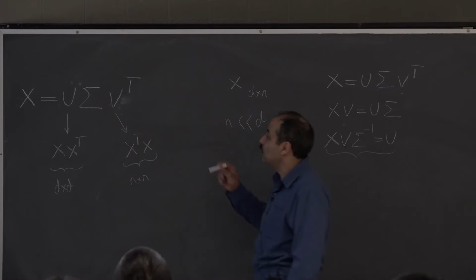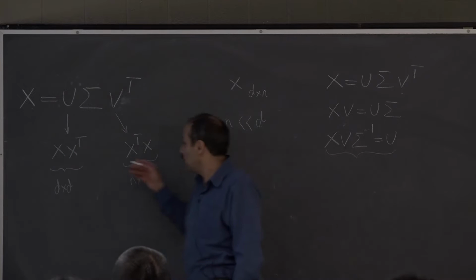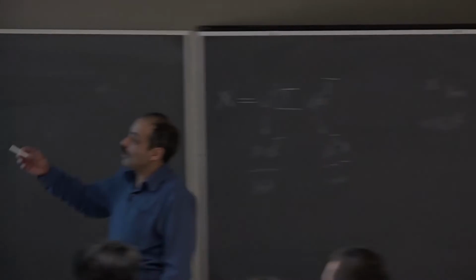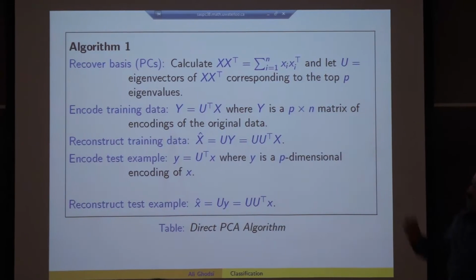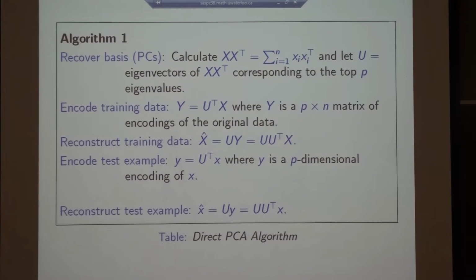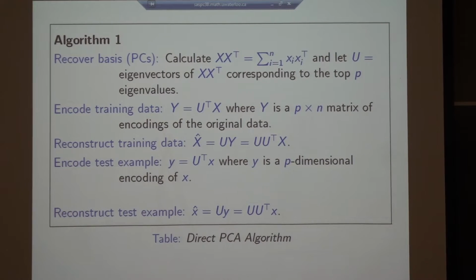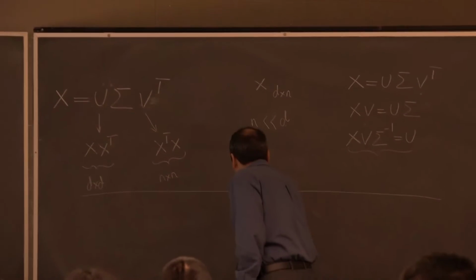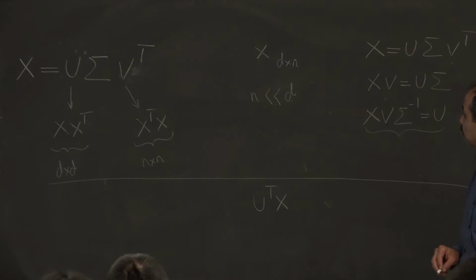And it doesn't need decomposition of X transpose, the covariance matrix, but it can be done by decomposition of X transpose X. Okay? Let's see, for example, you want to map the data in lower dimensional space. In direct PCA, I need to compute U transpose X to go to lower dimensional space.